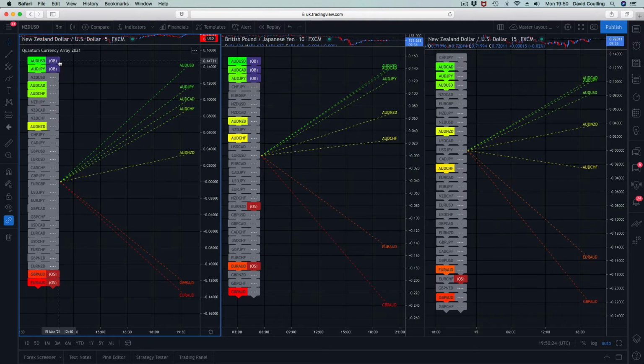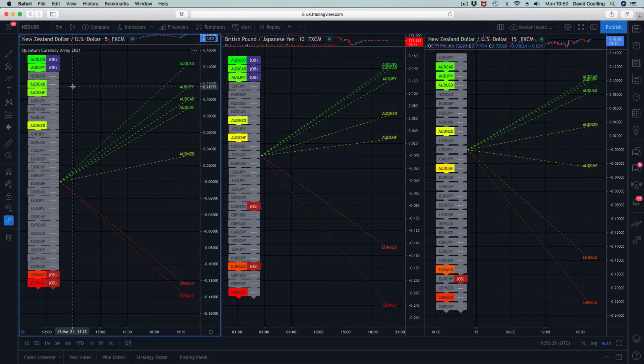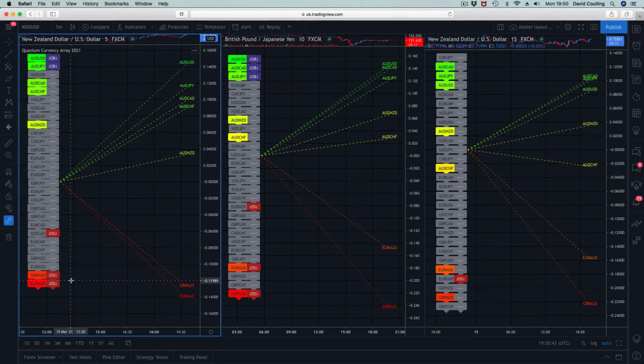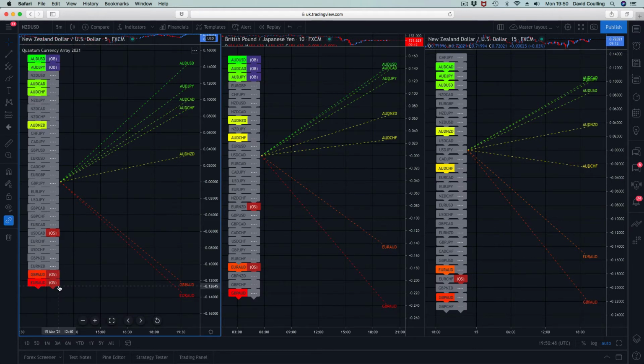When a pair is approaching an overbought or oversold state, then it will appear with this darker background and the little brackets either side, which will tell you we are approaching an overbought state. We're not at one yet, but we are approaching an overbought state. Equally down here at the bottom, when we're approaching an oversold state, it is darker red and it has the brackets around it.